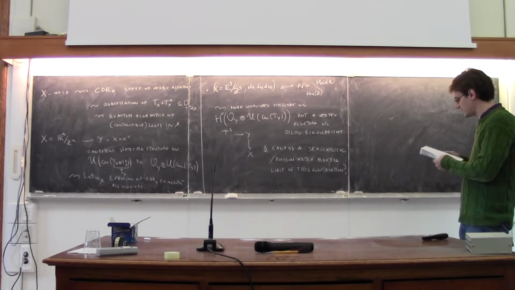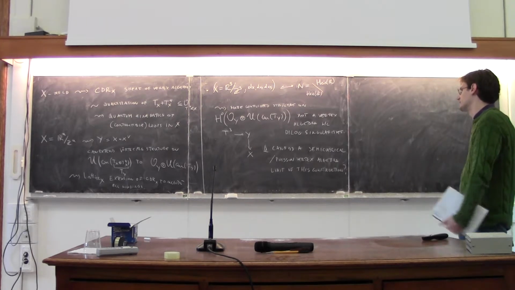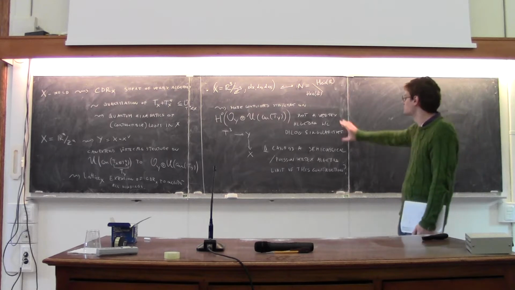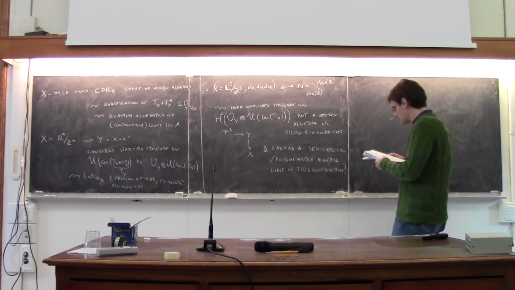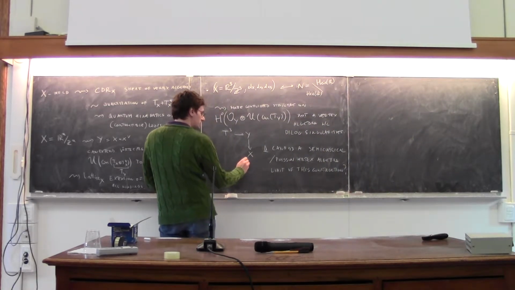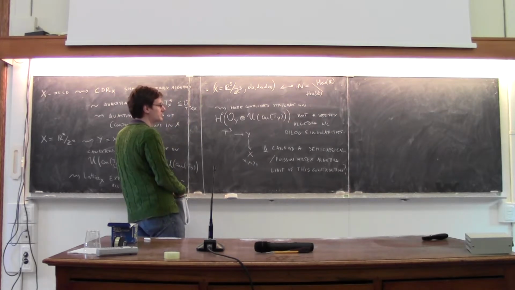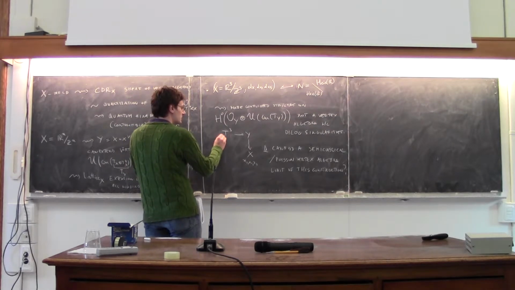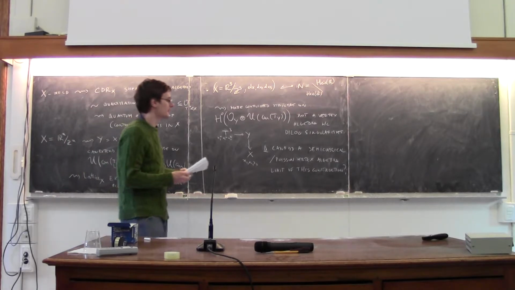Let me point out something that may be also one of the reasons why this structure is more complicated than one might expect. So let's look at coordinates here: x1, x2, x3 on the three-dimensional torus, and x1 star, x2 star, x3 star coordinates on the fiber torus.